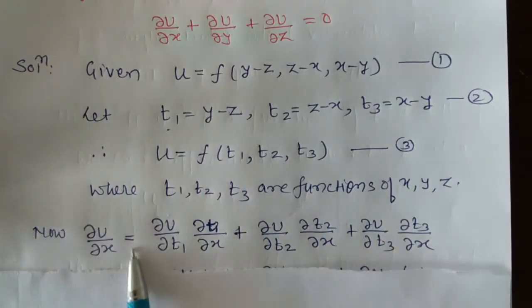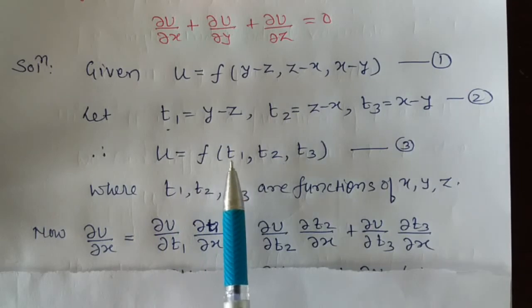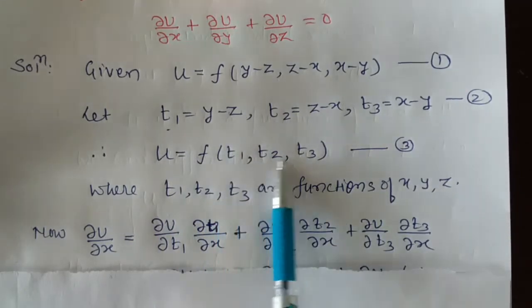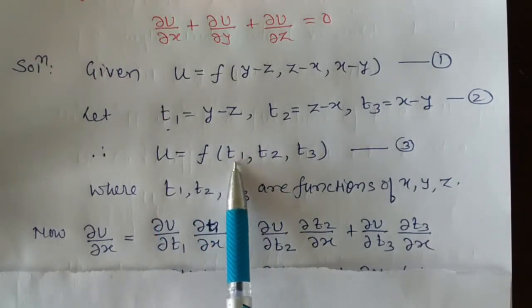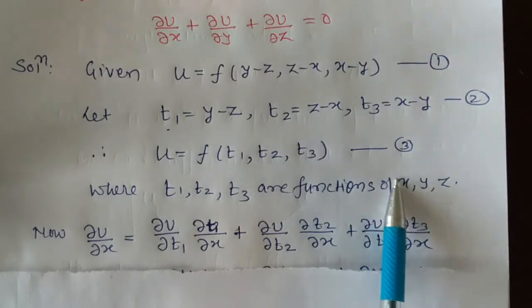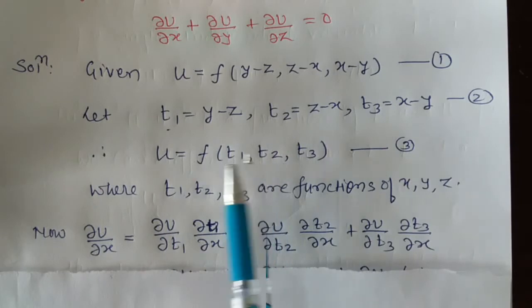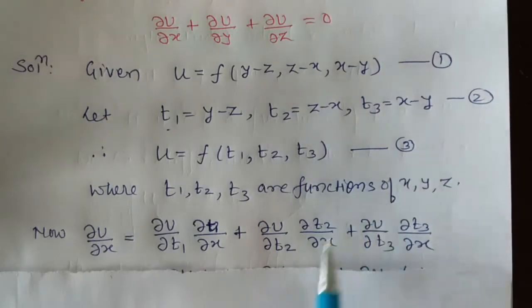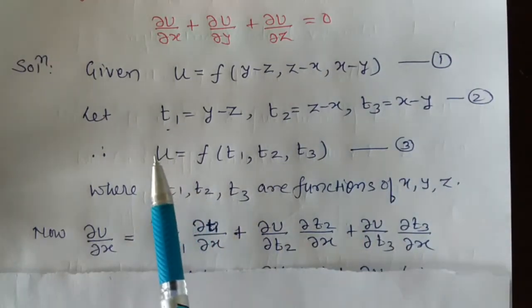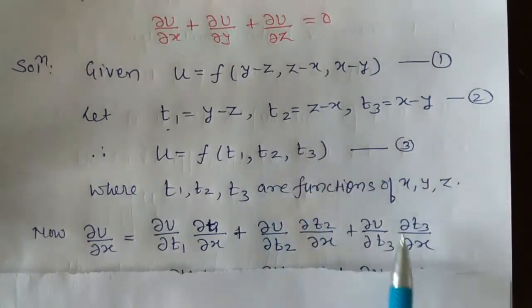Then we get del u by del x, which by the rule of total derivative is del u by del t1 into del t1 by del x plus del u by del t2 into del t2 by del x plus del u by del t3 into del t3 by del x.